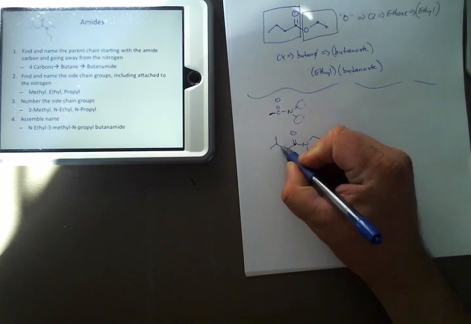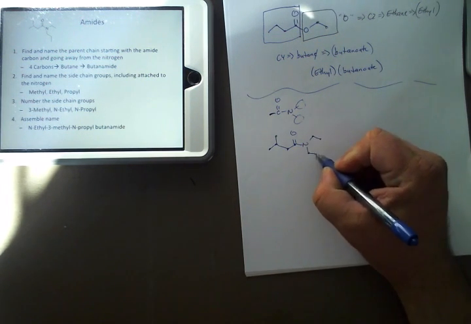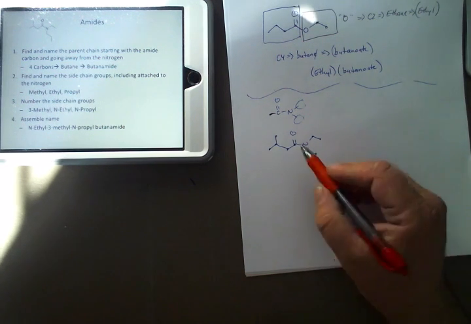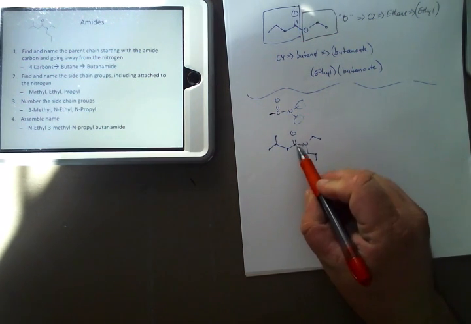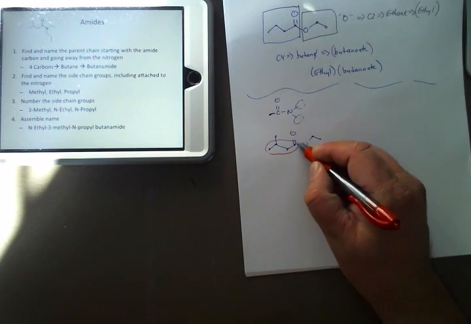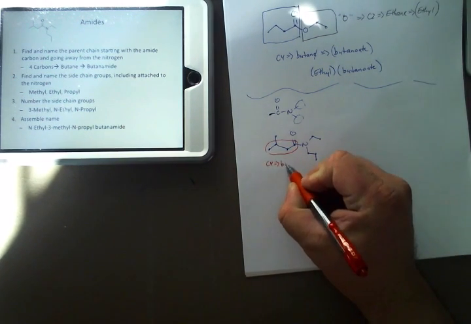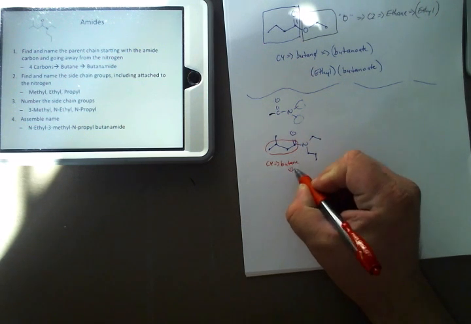okay, you always put in your dots. Our main chain is going to be going away from the C double bond O, so it's 1, 2, 3, 4, right? So this part here is C4, so it'd be butane. So it would become butanamide.